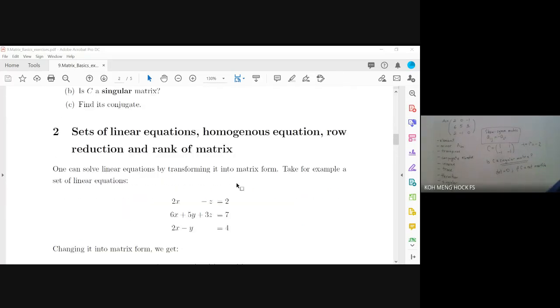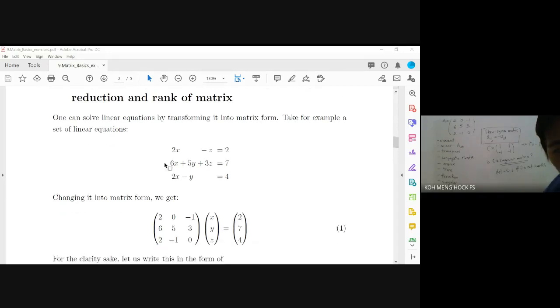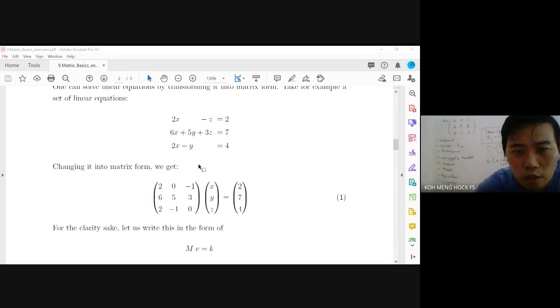Okay, now let's go to number 2, which is sets of linear equations, homogeneous equations, row reduction, and rank of matrix. This is the part where Kishan mentioned that it was a little bit messy. So yes, it is, when you go to the row matrix. Here I just give an example like this. You have 3 sets of linear equations.